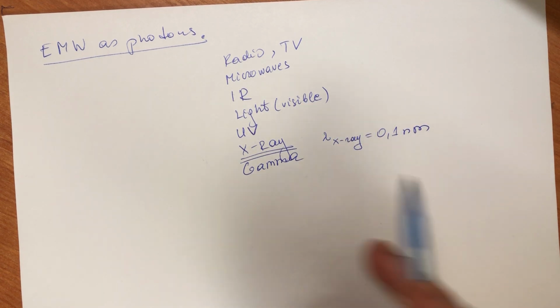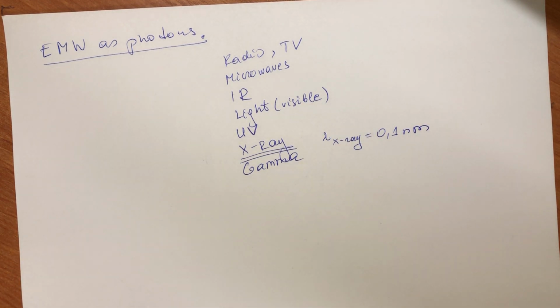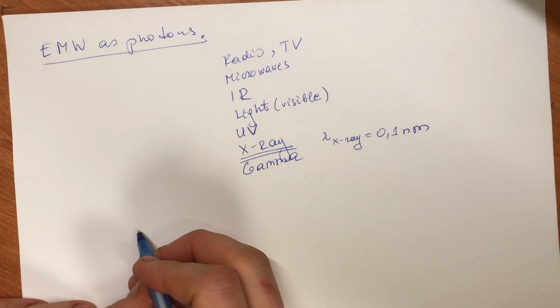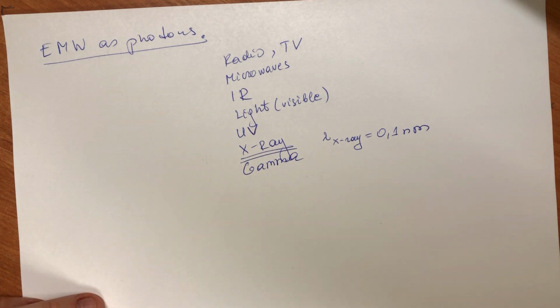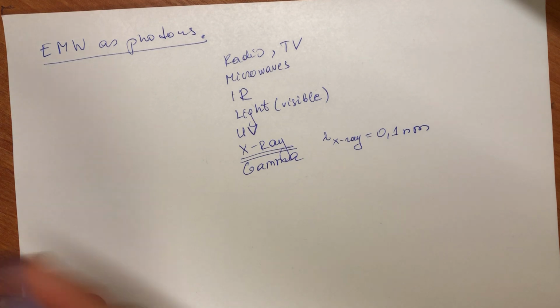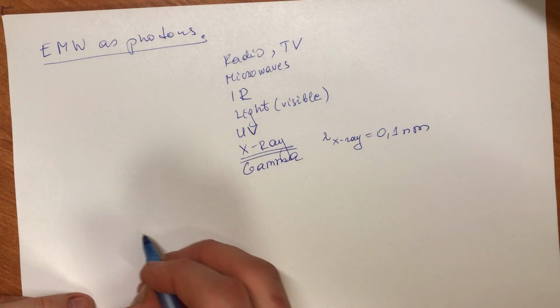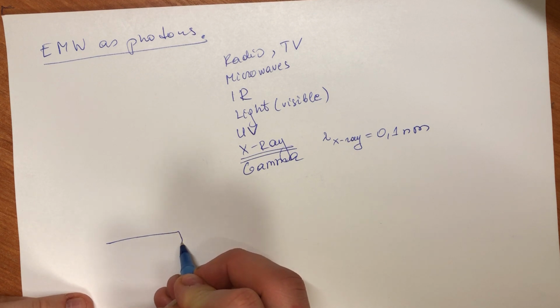Here it is a decimal part of a nanometer. X-rays are produced in this way.